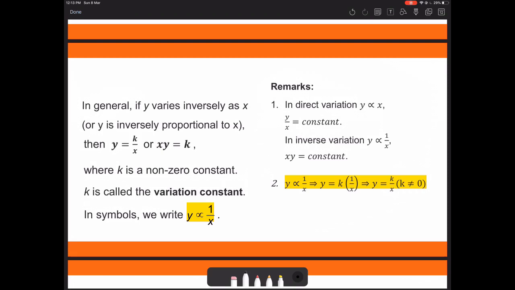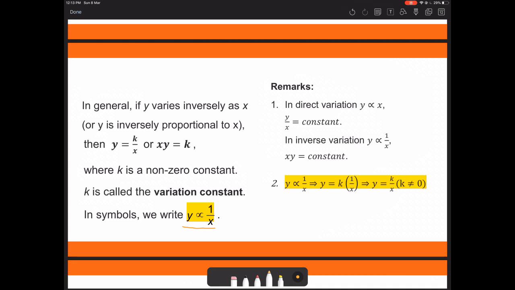In symbols, we write this to represent y varies inversely as x. In the previous section, we know that this means y varies directly as 1 over x, right? But why can we use this to represent inverse variation?